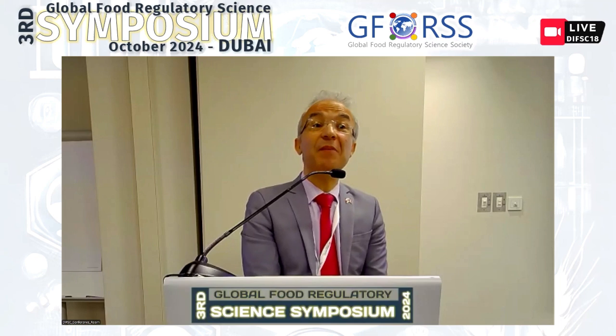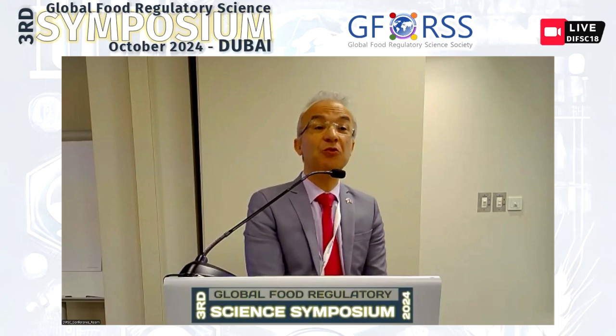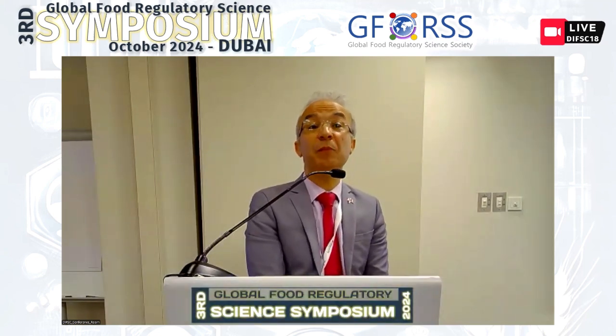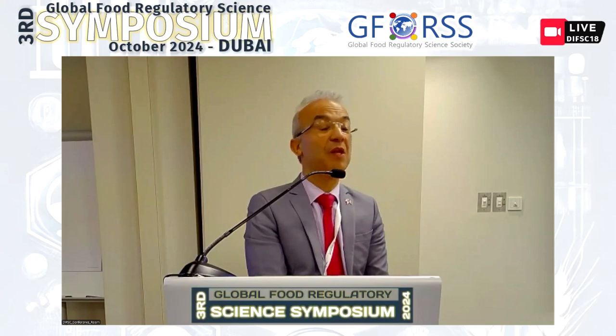So generally, risk management decisions are absolutely based on risk assessments. But the risk assessments can be different from one country to another for various reasons, various parameters that can explain the differences. One, of course, is related to the exposure.